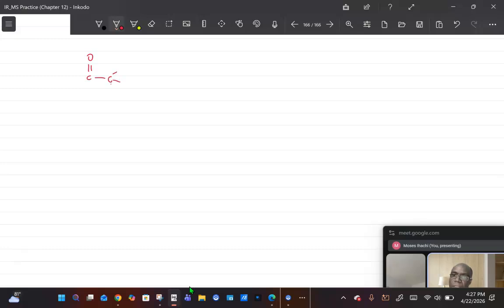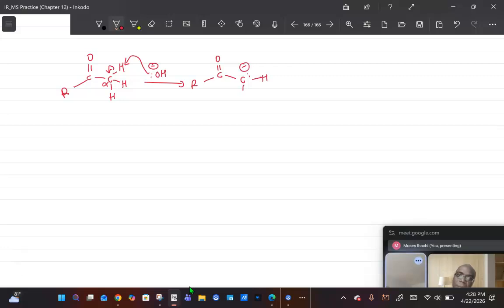So let's say you have OH minus. It deprotonates one of the alpha carbon hydrogens one at a time, minus charge because you donated a lone pair of electrons. You have now 5 valent electrons on the carbon.